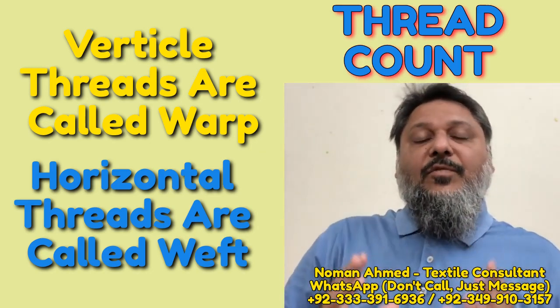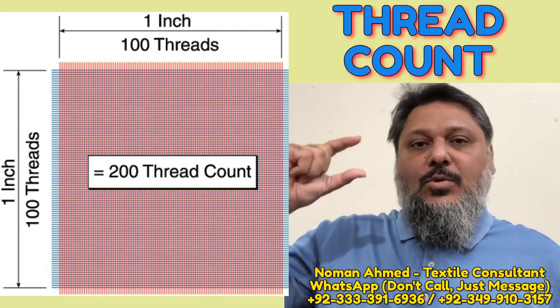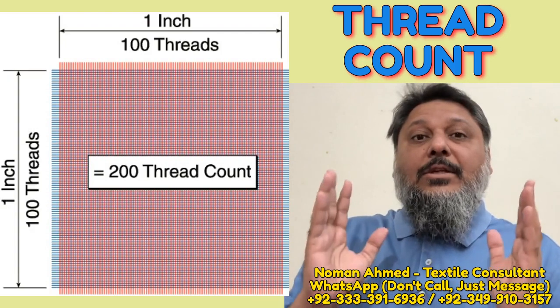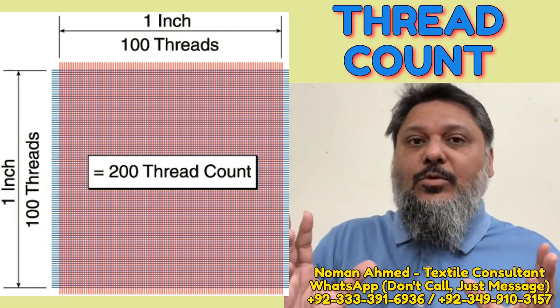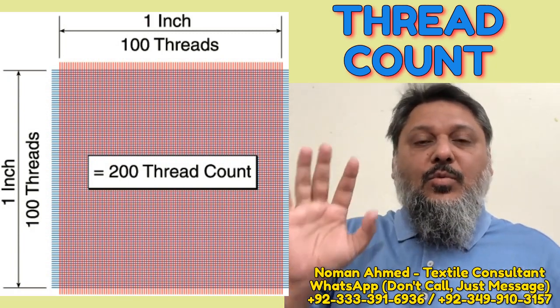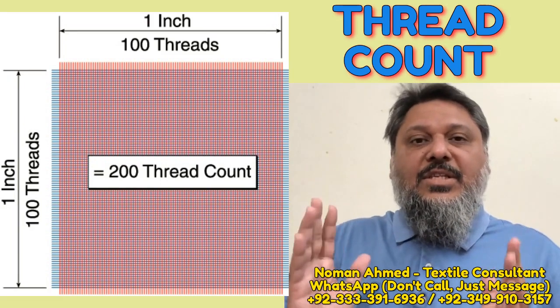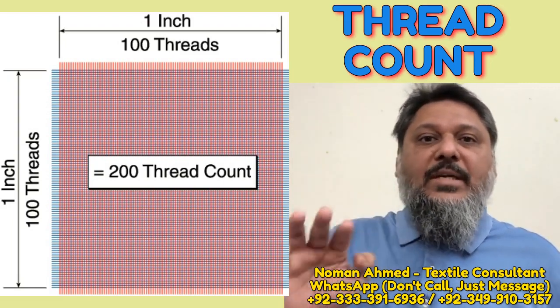Now, whenever we make a fabric, let's say, for example, it's a T200 fabric. Then in 1 square inch, we will make adjustments of threads in such a way that there will be 200 threads, warp and weft, vertical and horizontal.